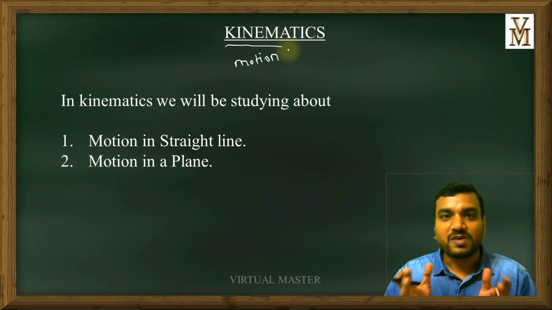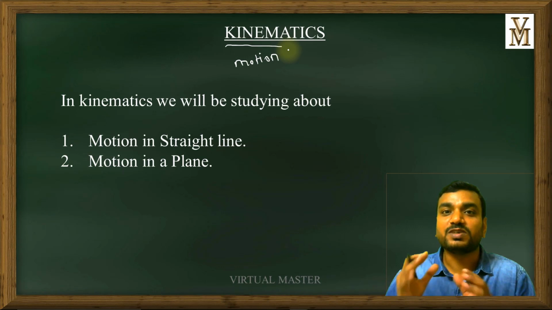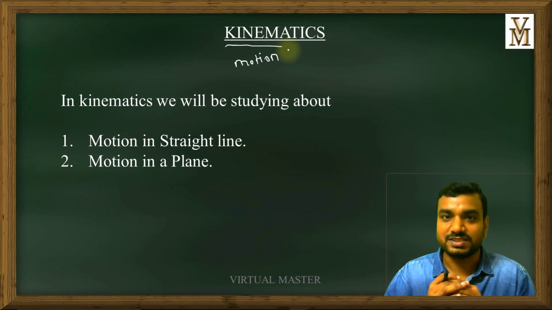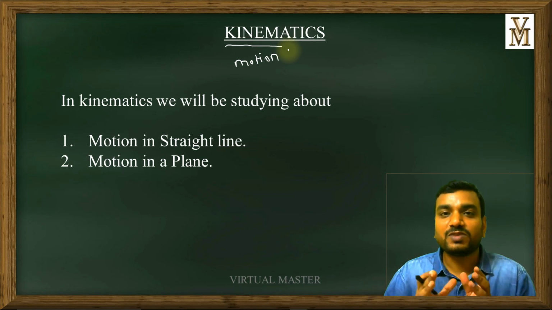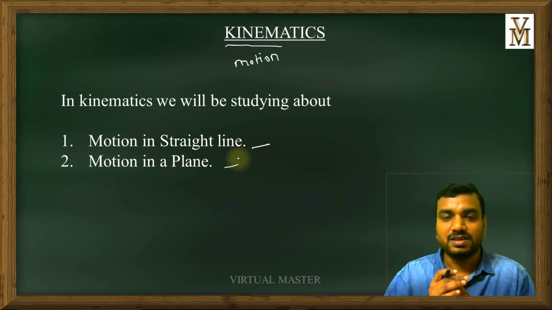As we have already discussed, kinematics is the study of motion of an object without considering the causes. For our syllabus there are two chapters under the branch kinematics. One is motion in a straight line and another one is motion in a plane. I hope everyone has understood the definition of kinematics.